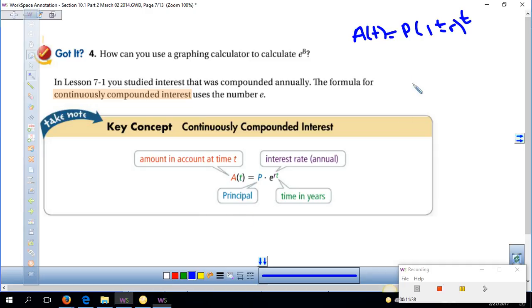So this is A of t, which you see in the table, is equal to P, still that initial amount, the principal, times e to the rt, where r is still our interest rate in decimal, and t is the number of periods. Could be years, could be days, could be whatever. Generally it's years.